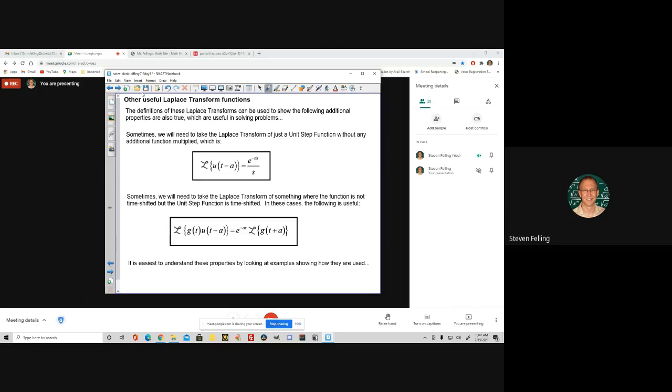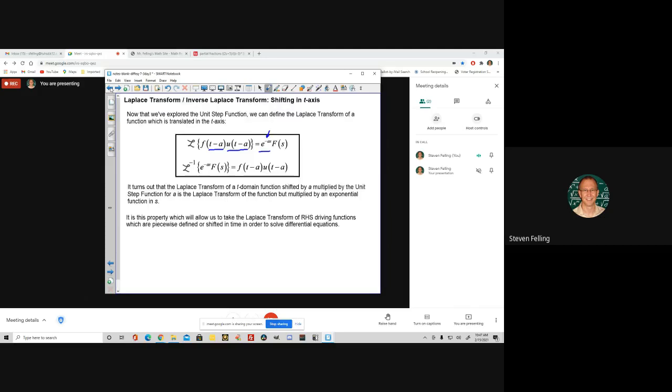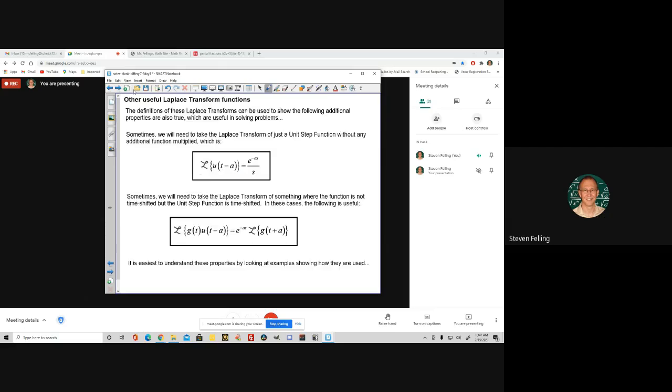And then this happens sometimes too, right? If you look at the way this works, you have to have some function which is shifted the same amount as the unit step function in order for this to work in this form. But a lot of times we'll have a function that's either unshifted or shifted to a different amount, and the unit step function is not the same. Like maybe you'll have a function of t, but then a unit step function that turns it on at some other time, but the function isn't shifted.